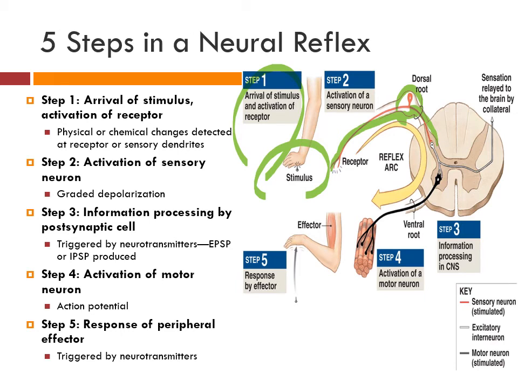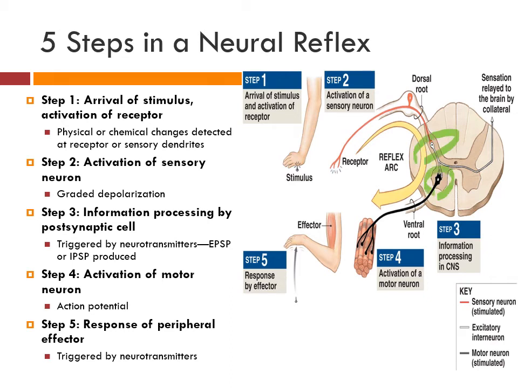Step 3 is information processing within the central nervous system. So we have this interneuron shown in white, and the sensory neuron is going to synapse on the interneuron right here, and then the interneuron is going to synapse on the motor neuron.